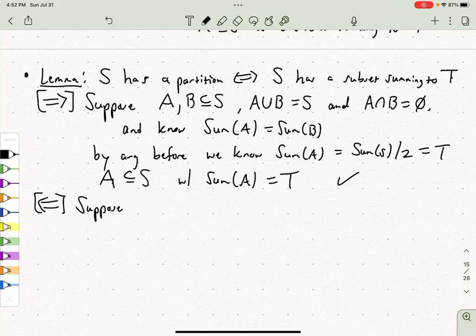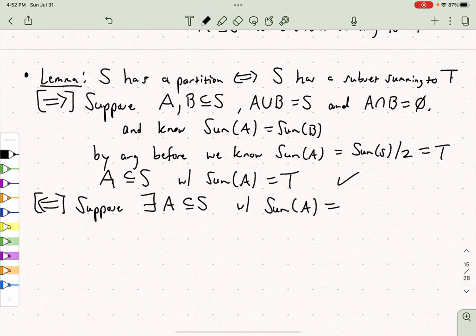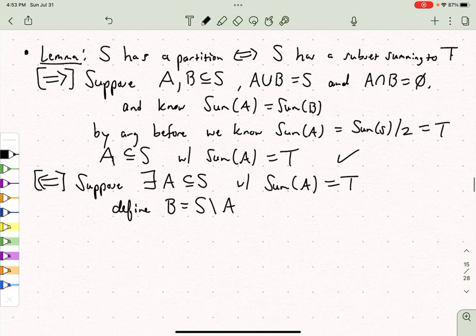Now, on the other hand, let's suppose that there is a solution to the subset sum problem. So suppose there exists some A contained in S with the sum of A equals T. Well, what do we know? Well, let's define B to be S without everything in A, the set difference. And then by definition, we know that obviously A intersect B is empty.